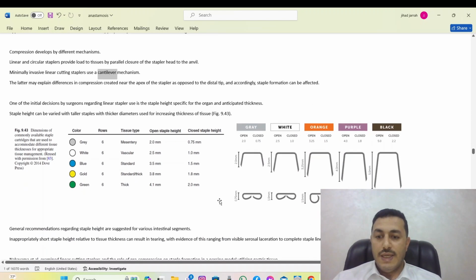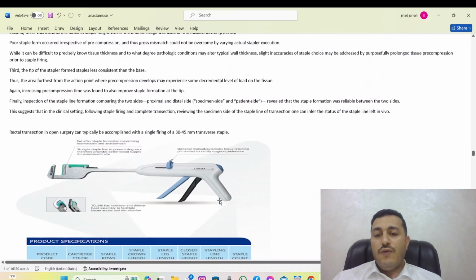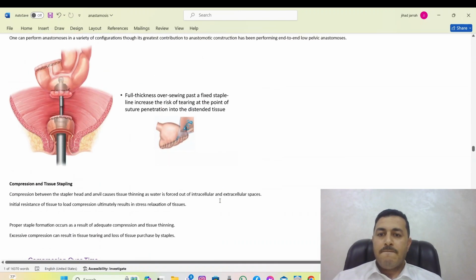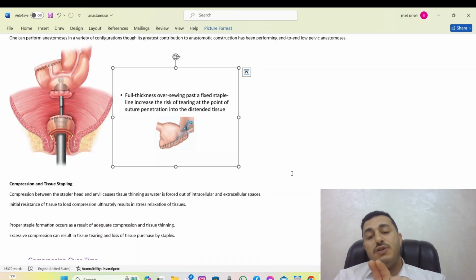What else can we say about compression? One of the problems that can face us, it's not this, but we will discuss this actually after firing. Some staples will not go through, especially at the weakest point. While creating a stapler anastomosis, the weakest point is the farthest one, the anastomosis farthest from the staple line is the weakest.